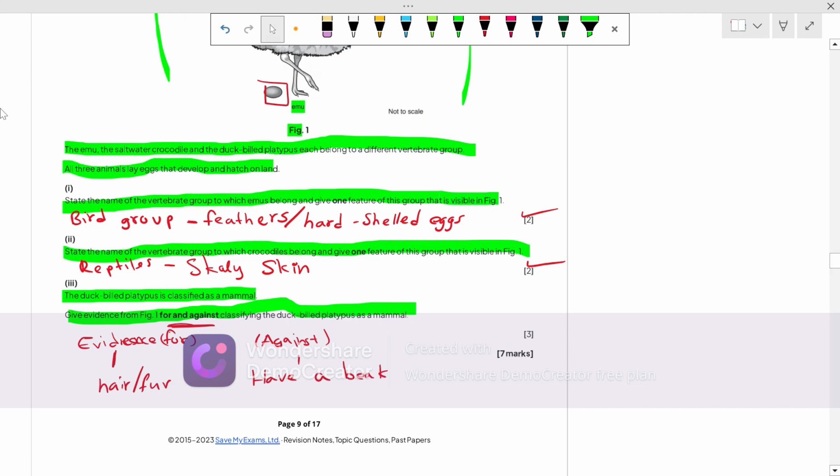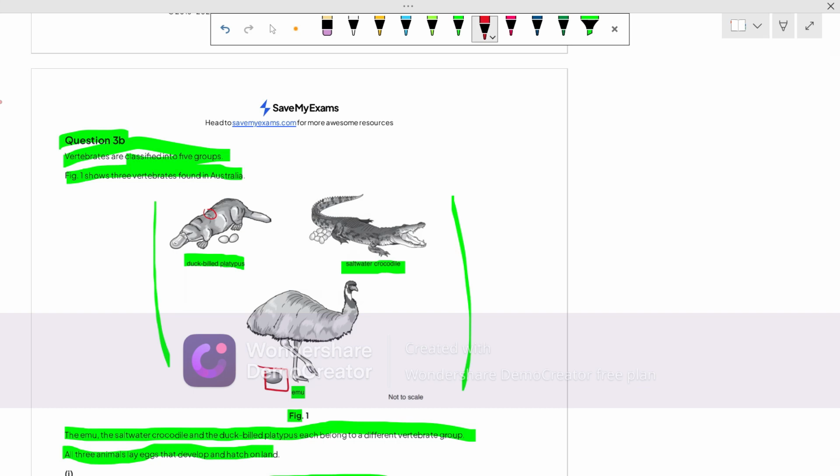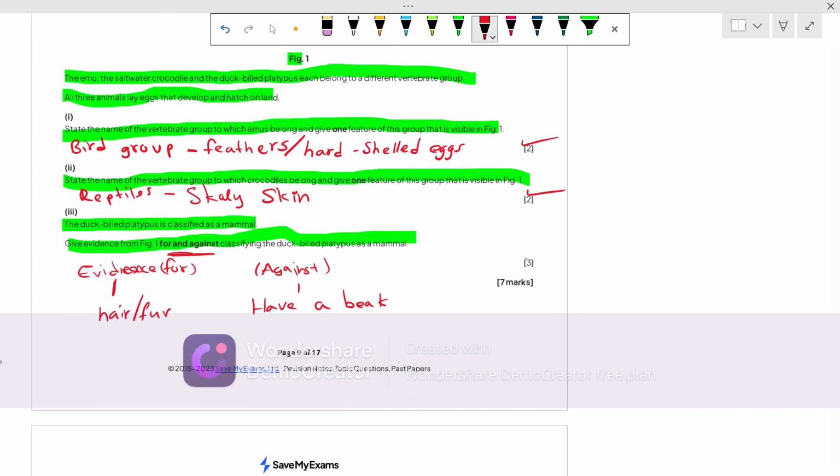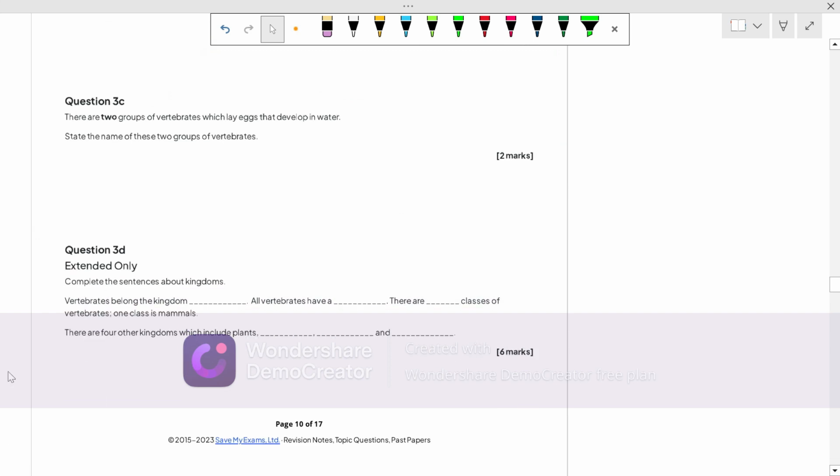If we return to the diagram, we see they have hair and fur, which supports the fact that they can be classified as mammals, but at the same time they have a beak, and a beak is a characteristic of birds. So this is against their being classified as a mammal. And 3 marks achieved. Let's move on to the next question.